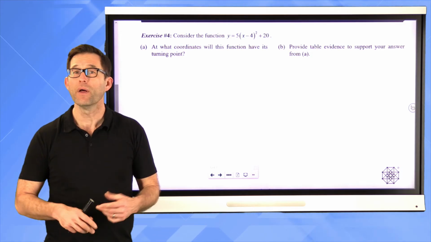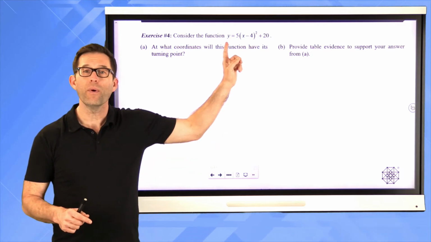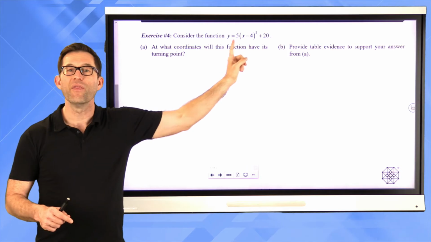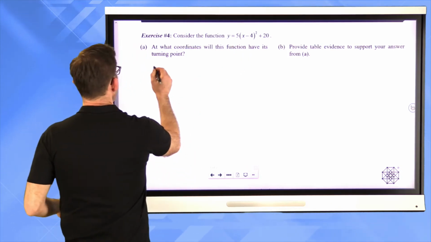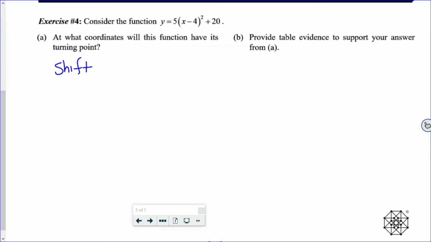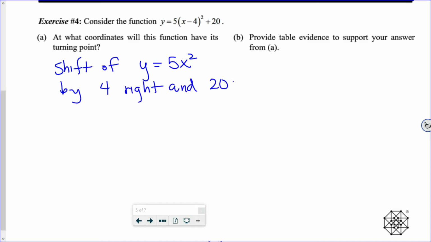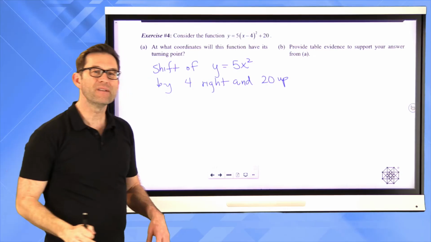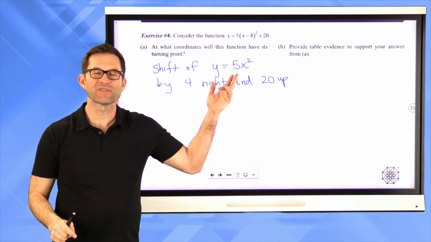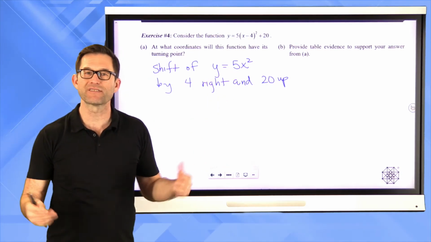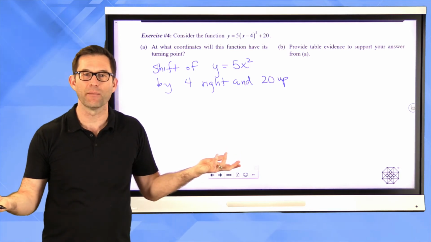All right, well, it's kind of simple, right? What we know is that this function is simply a shift of y equals 5x squared by 4 right and 20 up. But the thing is, y equals 5x squared still has a turning point at (0, 0), right?